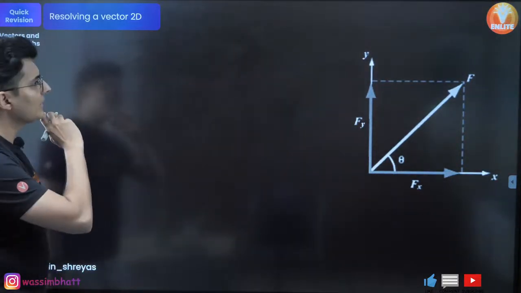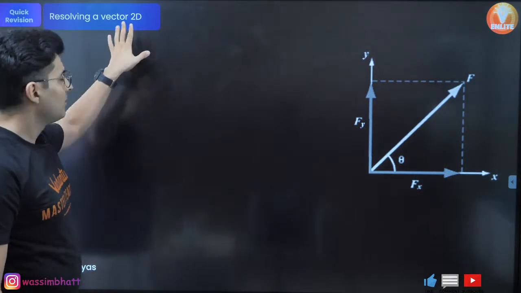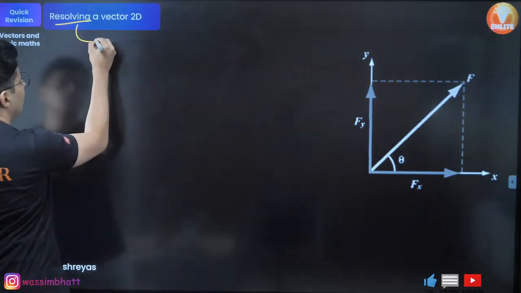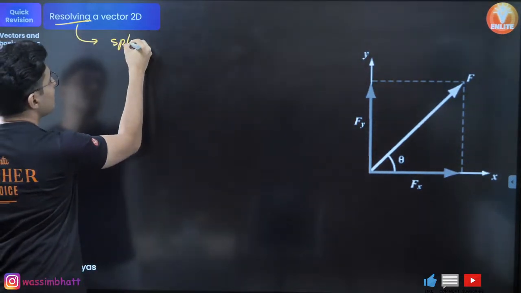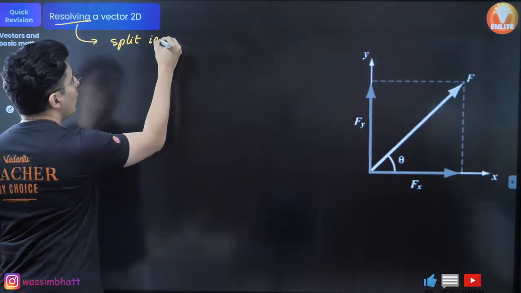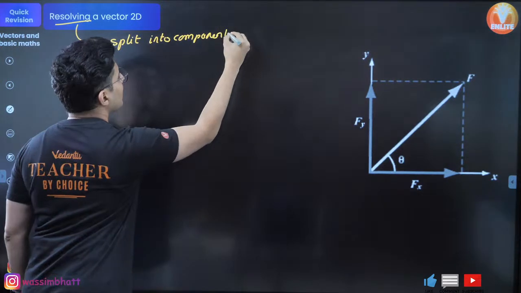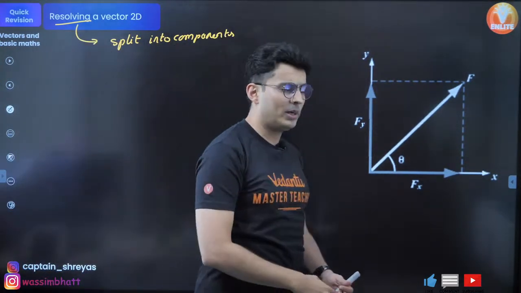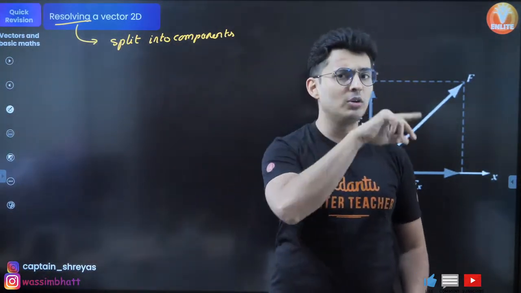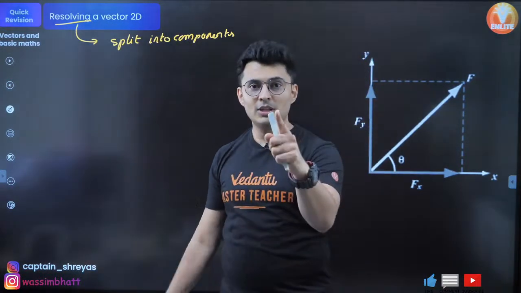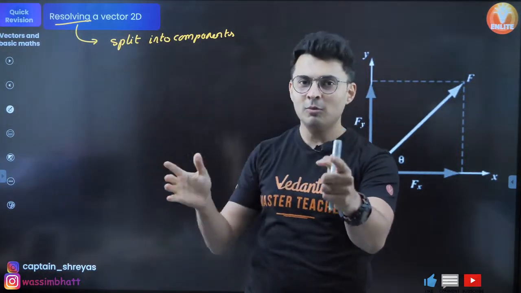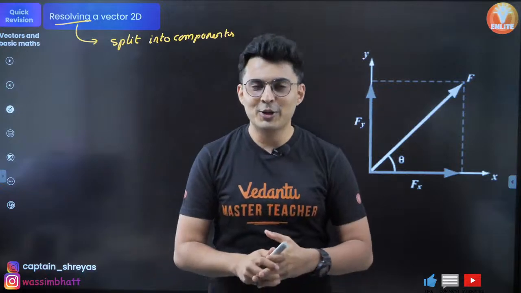Now, if you notice over here, this is resolution of vectors. Resolving means splitting into components. Like you get scoldings from your mom and dad: I will break you into pieces if you don't study. So that is resolving, but you are not a vector, you are a human body.